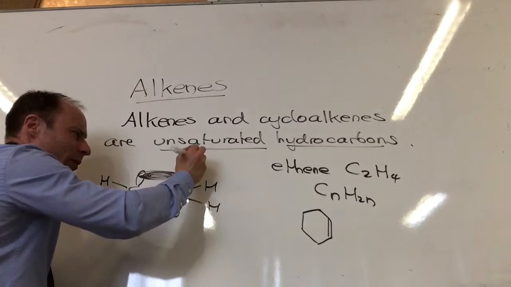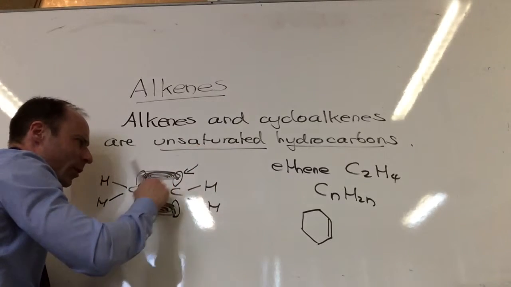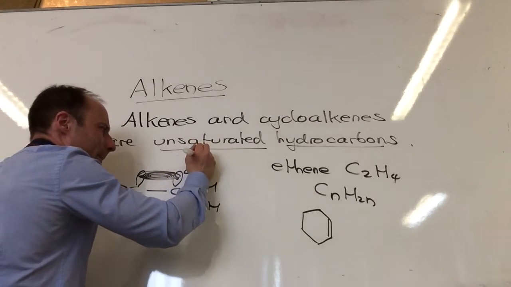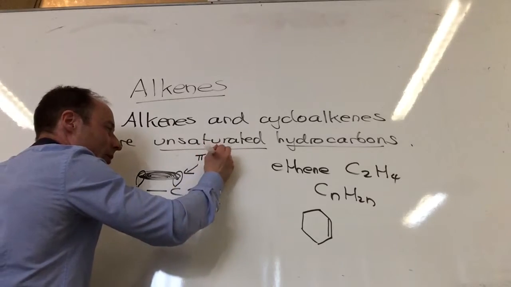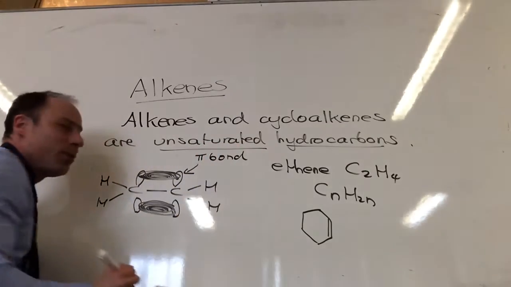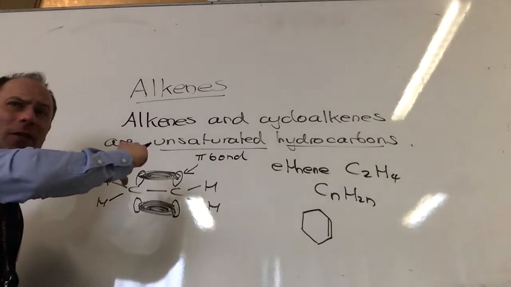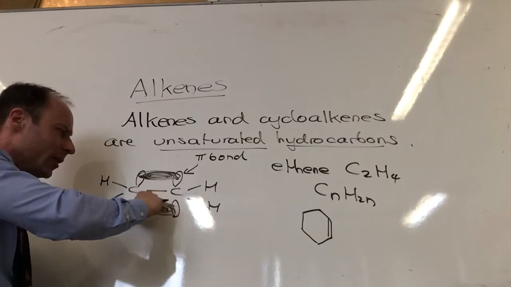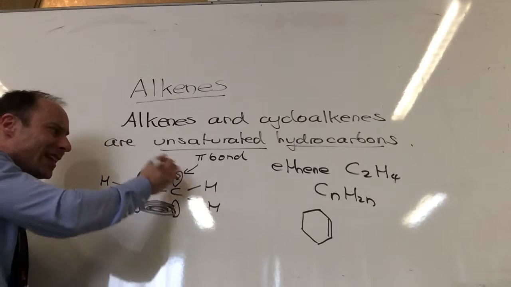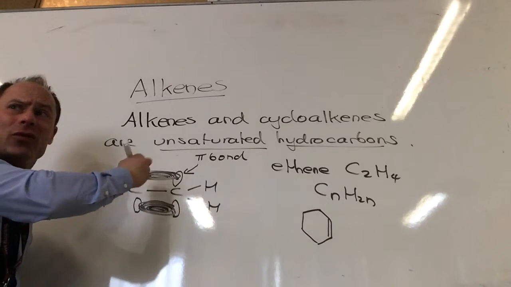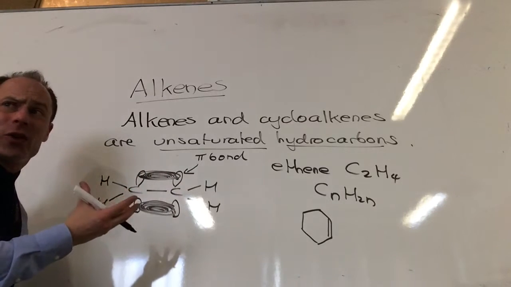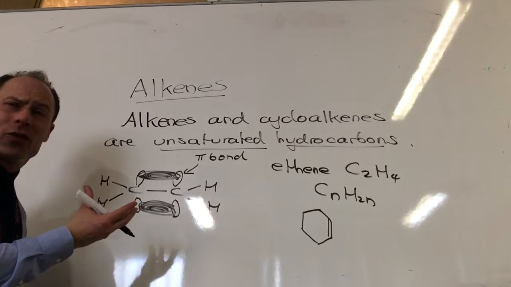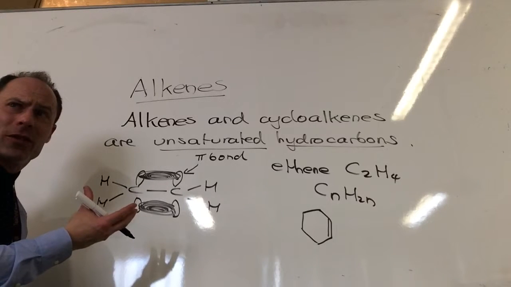If that's a sigma bond, this is a, oh no, it's actually a pi bond. So it's the overlap of p orbitals above and below the sigma bond. So this is an area of high electron density. So that's going to attract, have you come across the term electrophiles before?